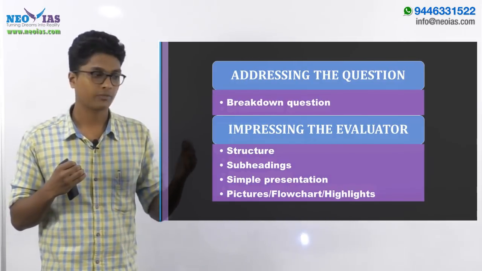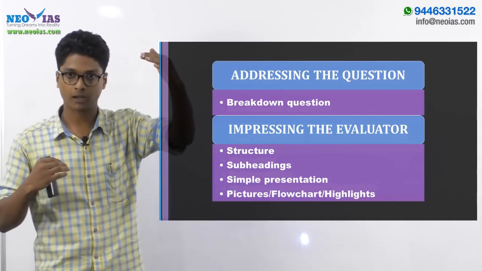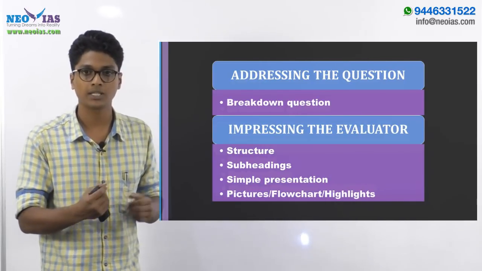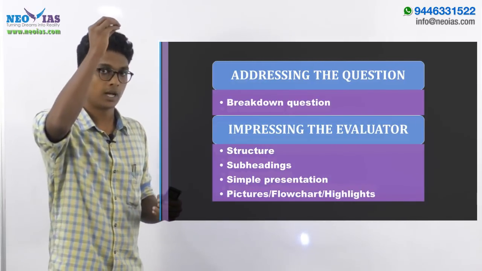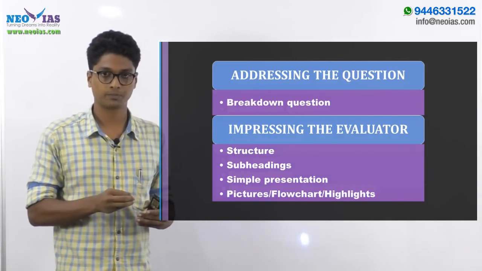From the perspective of the evaluator, with one large paragraph and a divided answer, even before going through the answer sheet, the evaluator will understand that the second person has addressed the question and has enough content to address the question. Right?